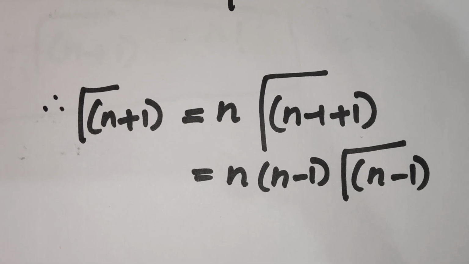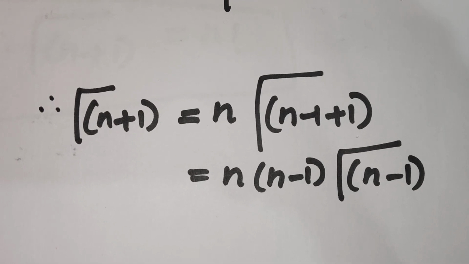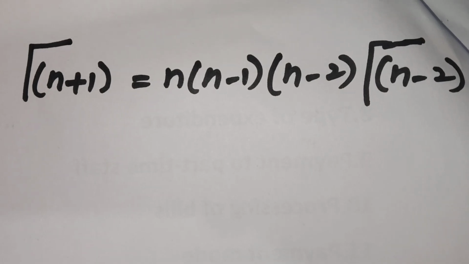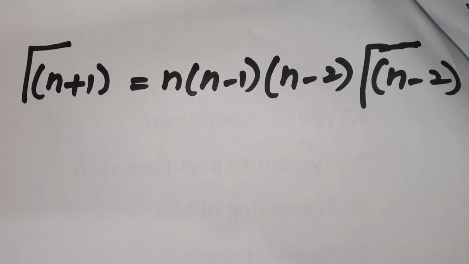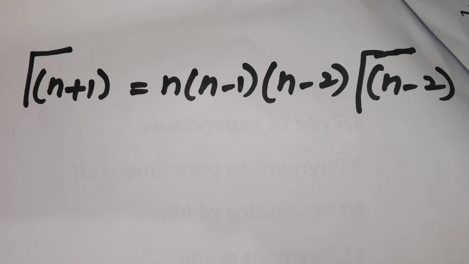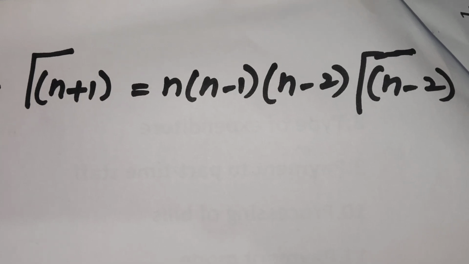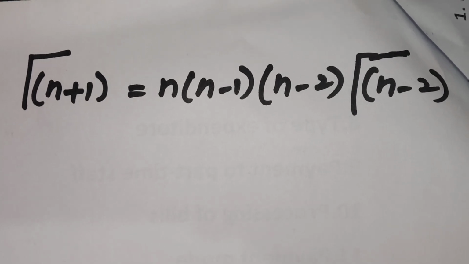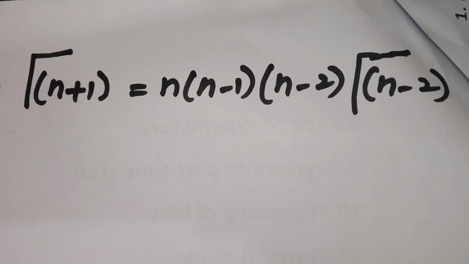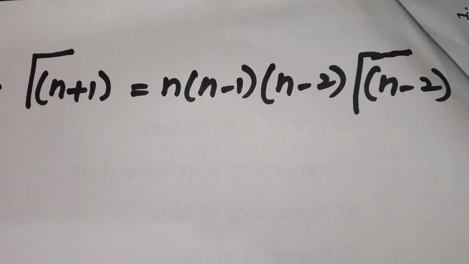By using property number 3 again, we can write n minus 1 into gamma of n minus 1. Therefore, gamma of n plus 1 is equal to n, n minus 1, n minus 2 into gamma n minus 2. Proceeding like this, we can write gamma of n plus 1 is equal to n, n minus 1, n minus 2, n minus 3, n minus 4, etc., 3 into gamma 3.